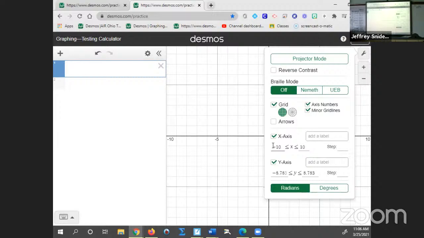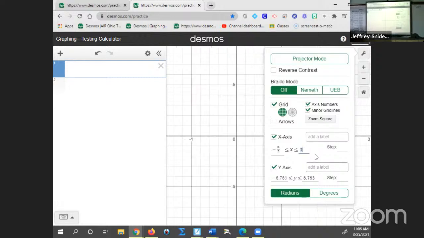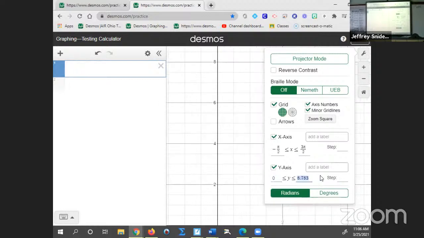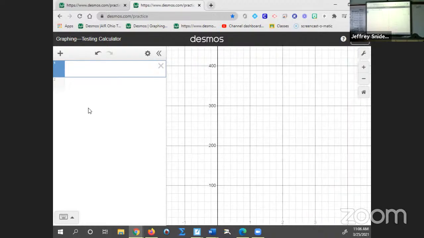Radians, and I'm going to go from negative pi over 2 to 3 pi over 2. My y-axis is going to go from 0 to 450. So I want to write a function to model this ride. What your heights look like. Okay? I want to model it.